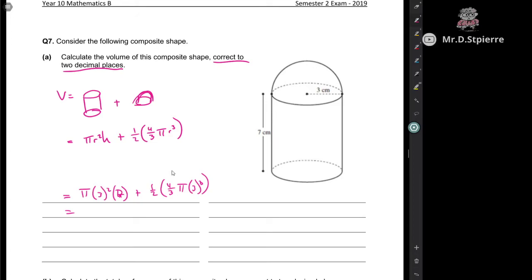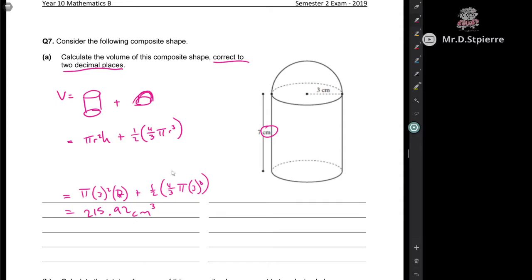Pi times 3 squared times 7 plus 0.5 times 4 divided by 3 times pi times 3 to the power of 3 gives me 215.92, and the units we're given are centimeters, but we're doing volume, so it'll be centimeters cubed. There we go, there's our answer.